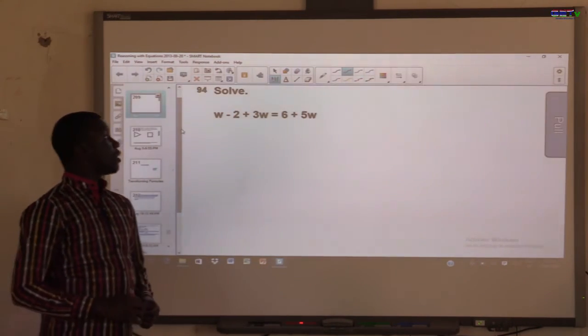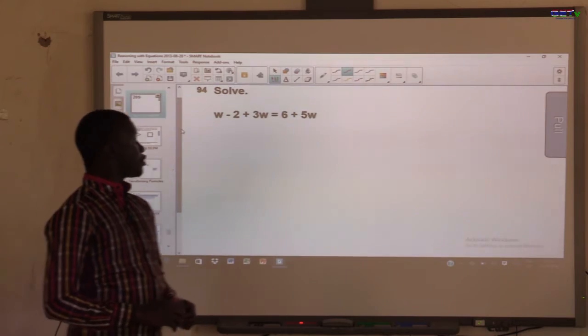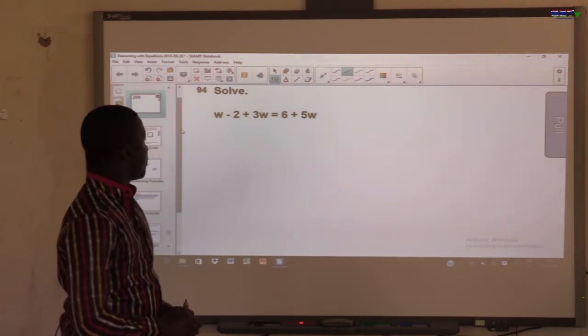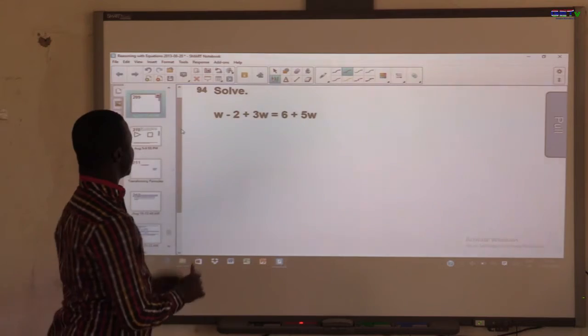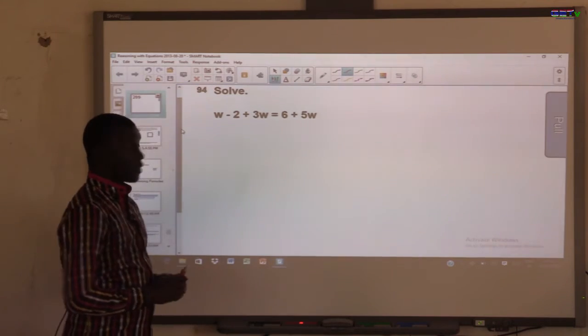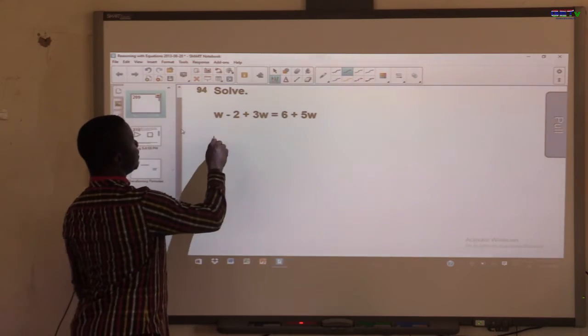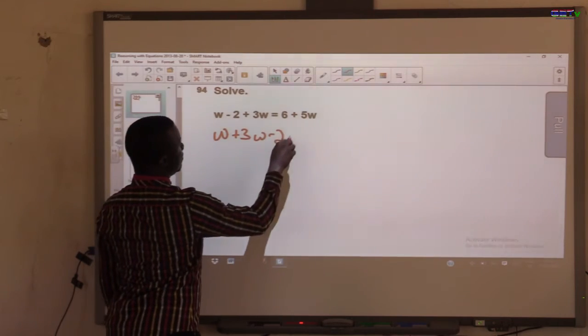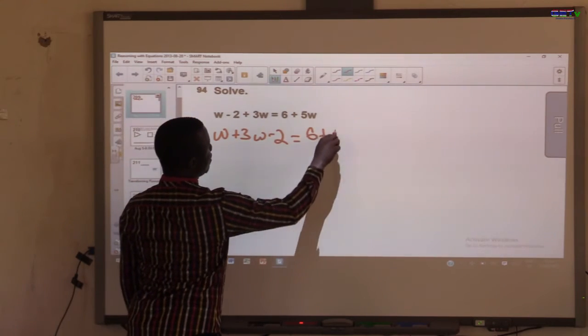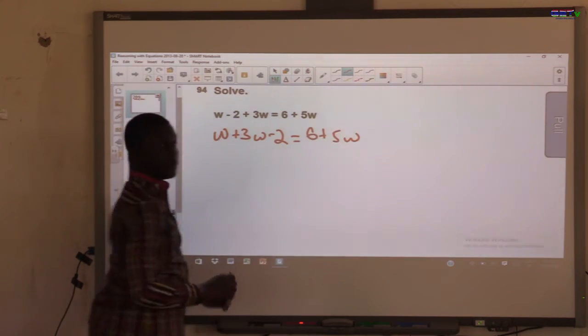Our question is: solve w minus 2 plus 3w equals 6 plus 5w. We rewrite our equation to get our variables together. We say w plus 3w minus 2 equals 6 plus 5w.